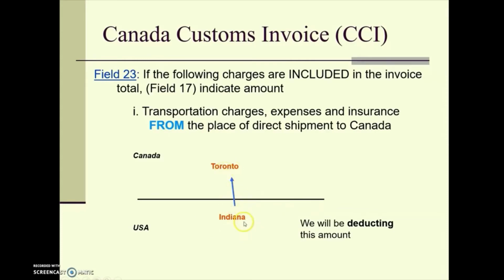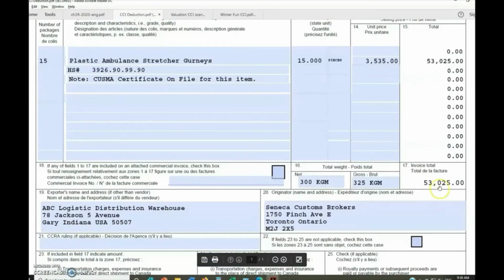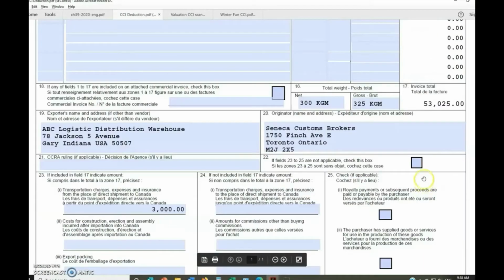If the freight is included in the selling price, meaning the person in Canada is paying one price, that price includes the goods and the freight in one amount. We indicate that amount in field 23I, and we will be deducting that amount from field 17, because due to Canada Customs regulations, you don't have to pay duty on the international freight.